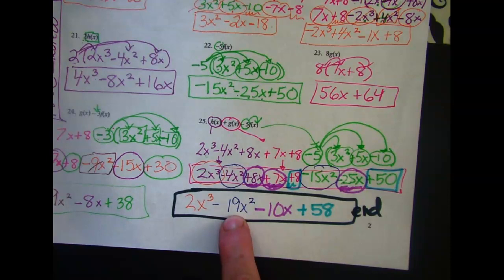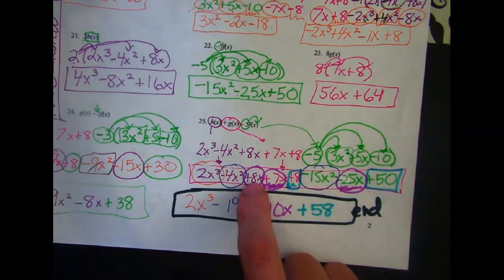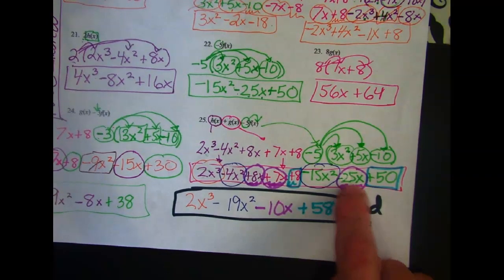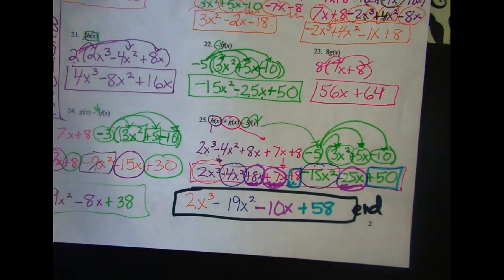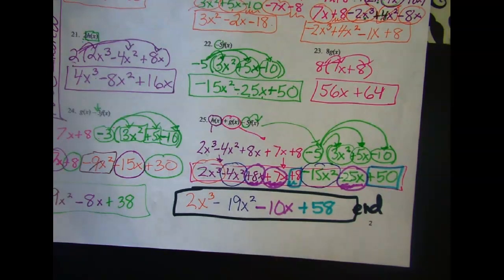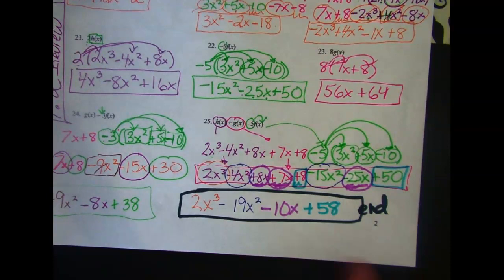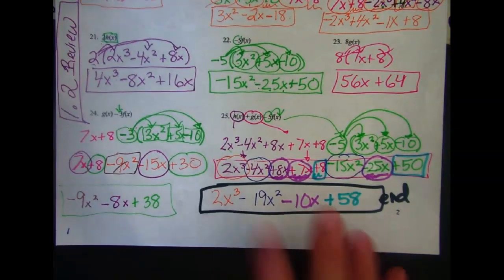That gave me my negative 19x squared. Next, I had just my x's, so 8 plus 7. Oh, and then I have a minus 25. So 8 plus 7 minus 25, that would give me negative 10x. And then the last part, my numbers, I had a positive 8 and a positive 50, so plus 58. So that is learning target 1.2.